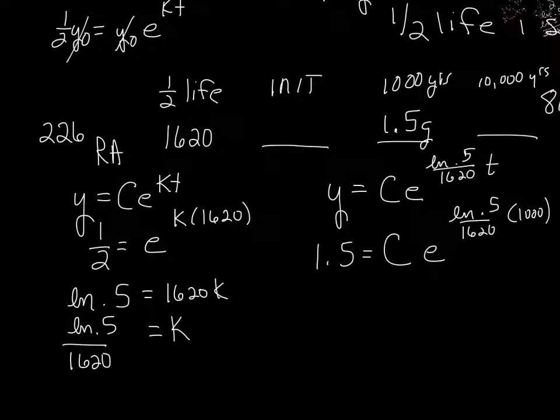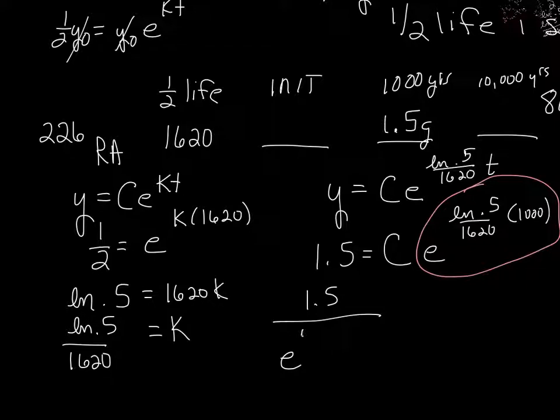So in order to solve for c, what can you do? Divide both sides by this, let's say 1,000. So we would have 1.5 divided by e to 1,000 times the natural log.